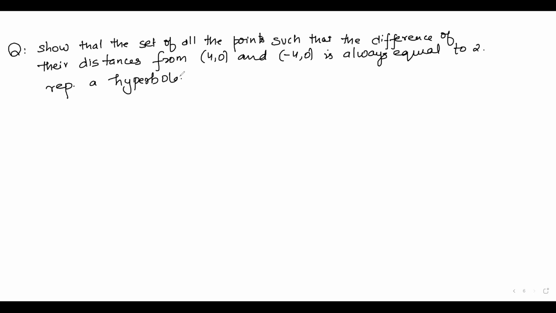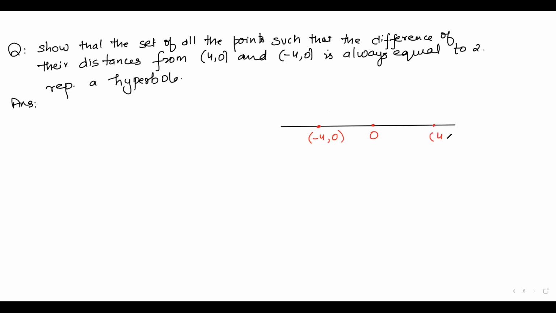So two fixed points are given. Basically, we need to do the derivation of the hyperbola. So we will mark these two points. This is (-4, 0), and we'll take this as the origin.